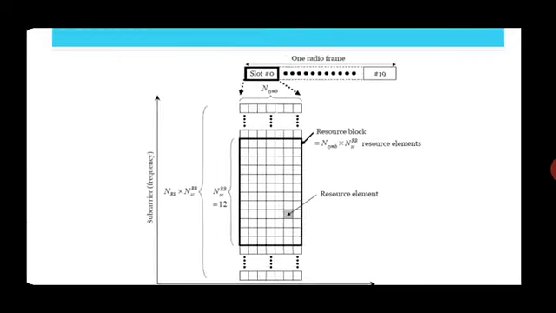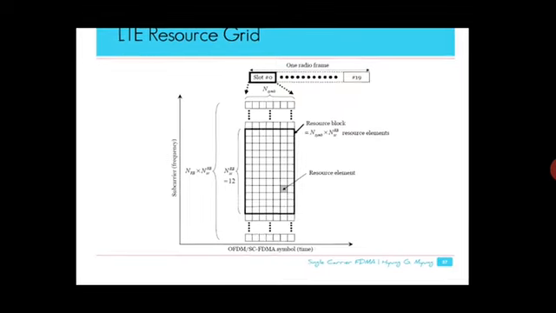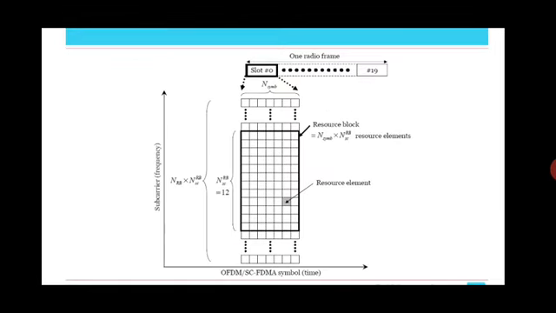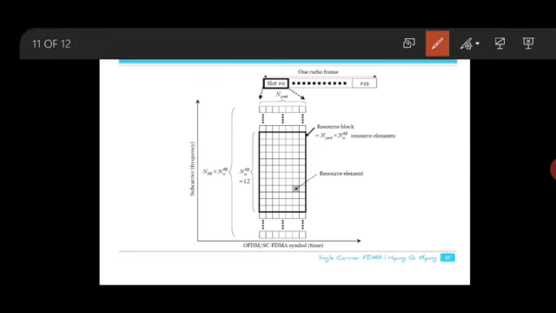I hope you can see type 1. How many slots will be available? There are 20 slots, and each of the 20 slots will be given in the frame like this. Each slot will be divided into normal CP and extended CP, and it is available in the form of a block.